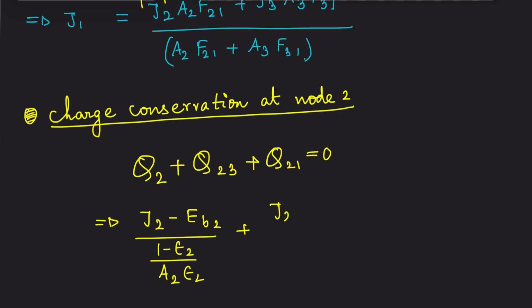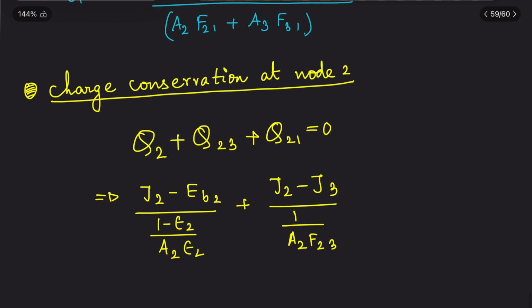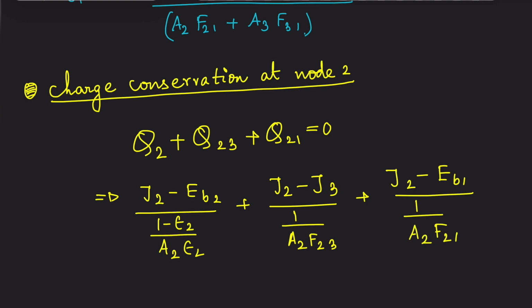Q23 is equal to J2 minus J3 by 1 by A2 into F23. Q21 is equal to J2 minus J1, and J1 is EB1 by 1 by A2 and F21.